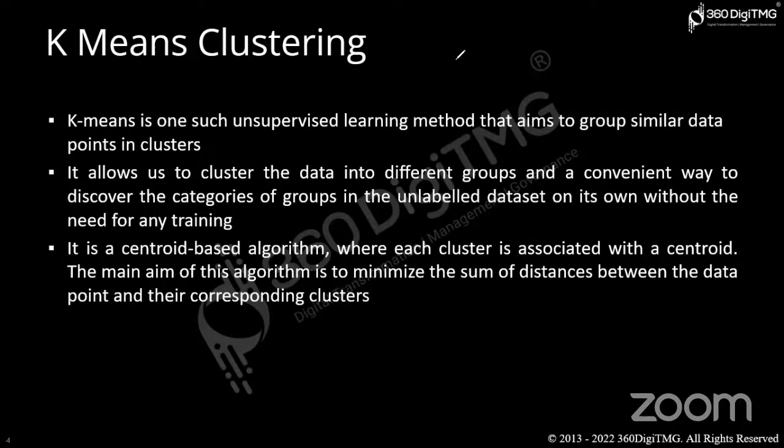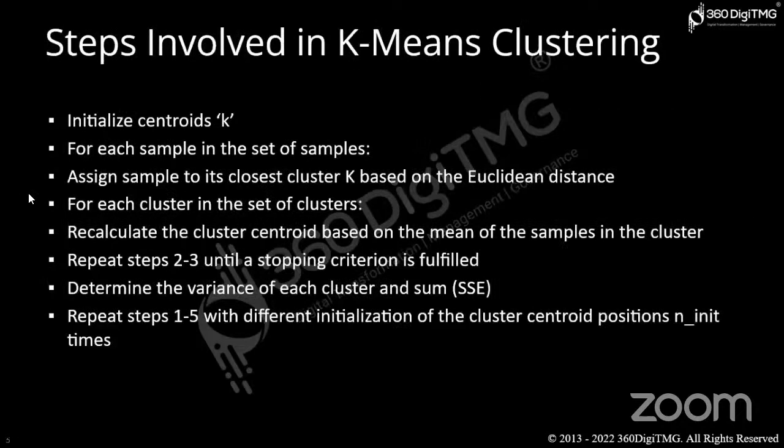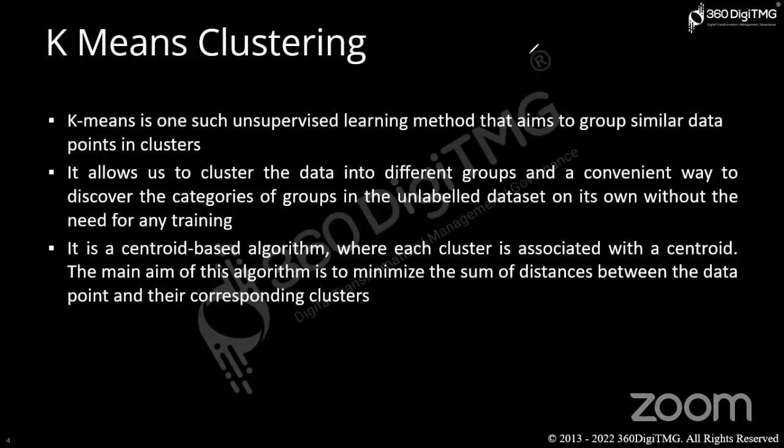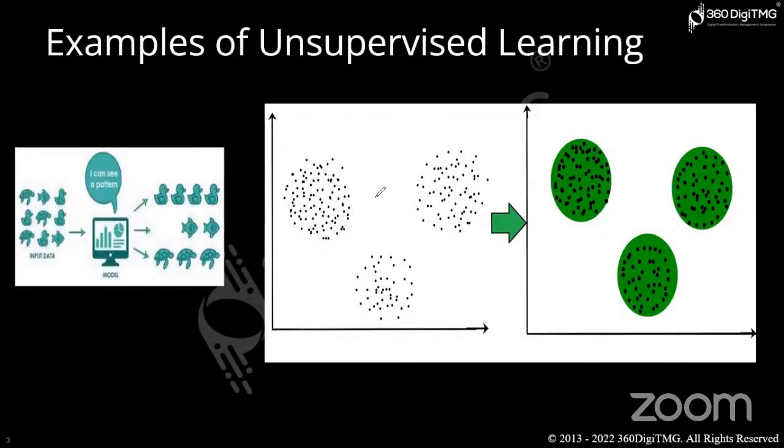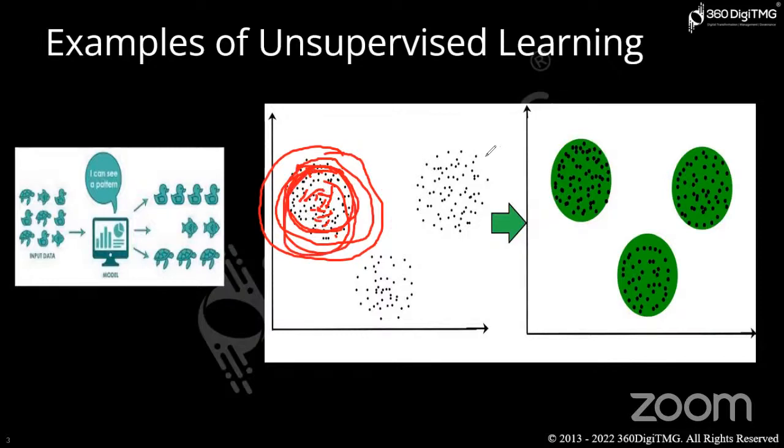Let's take this diagram. We can say that the clusters we are forming are good when, within the sum of the square, the distance within the cluster is as minimum as it can be. Whatever the distances we have for each and every data point within the cluster, they should be as minimum as possible, while the distance between the clusters should be as high as possible.